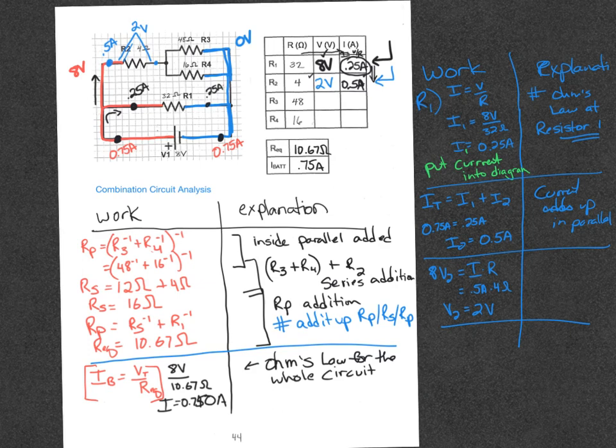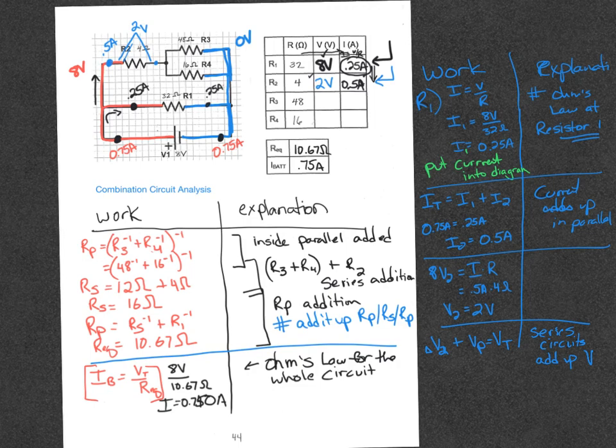Now we know that in a series circuit, the voltage drop at voltage 2, plus the voltage of the parallel portion has to be equal to the V total. And the reason for that is, right, series circuit, add up voltage. And so we put that in.